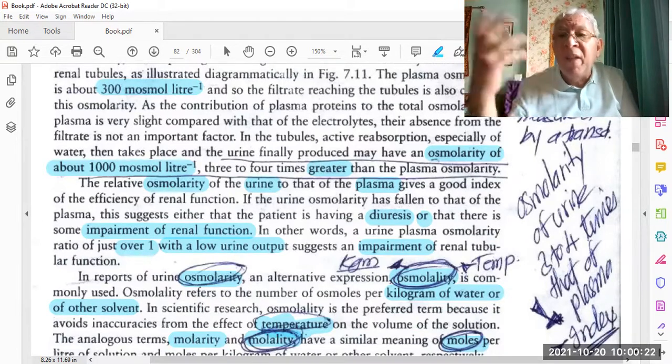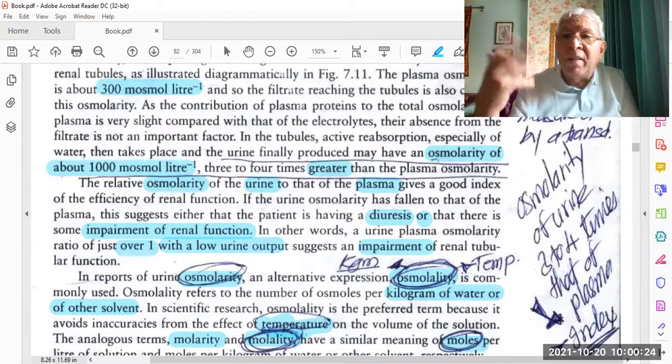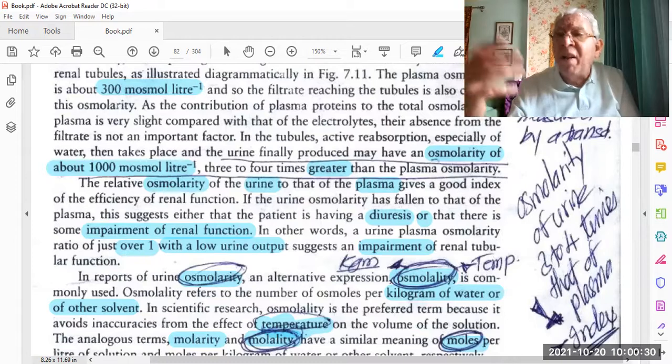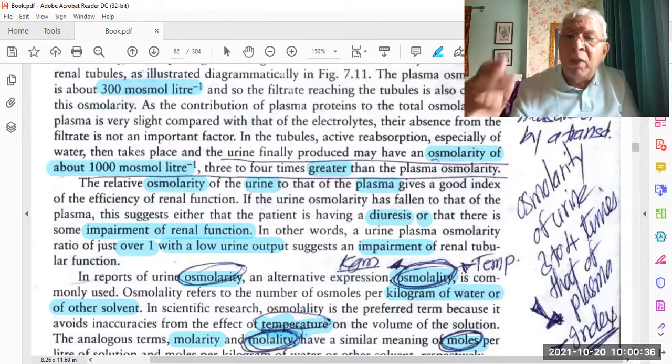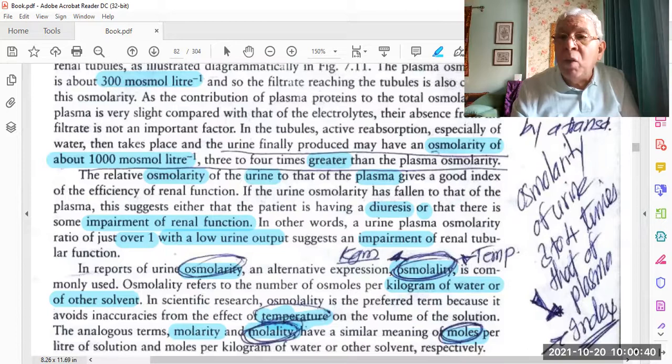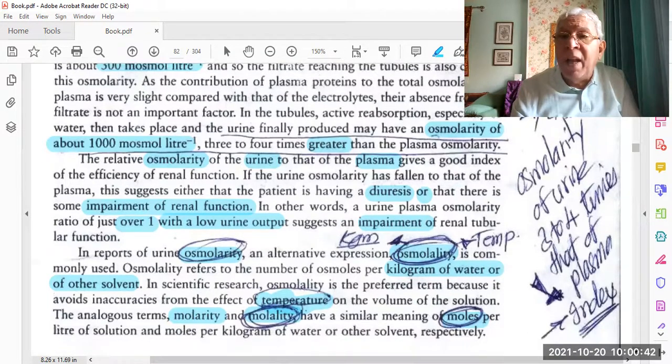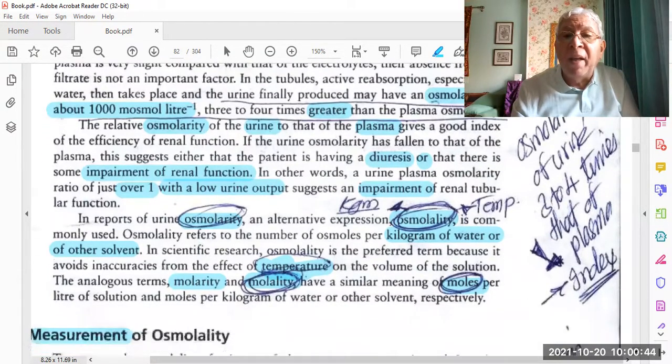You see, so if there is a defect, or if we give a diuretic, this osmolarity will be affected. Renal function will be affected. So this is a figure between the osmolarity of the blood and that of the urine, which can give us an idea about the situation of the kidney.